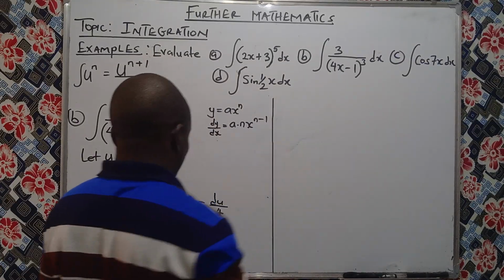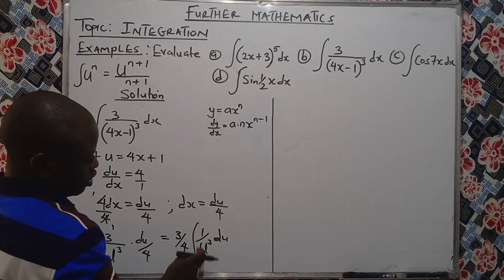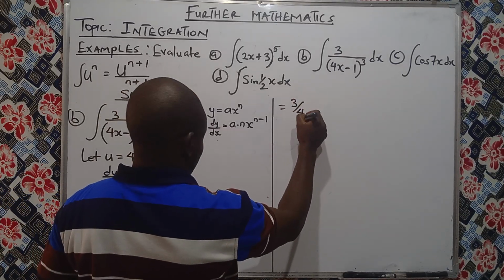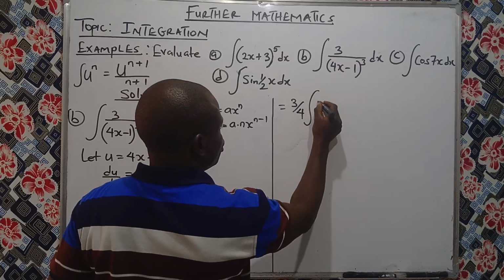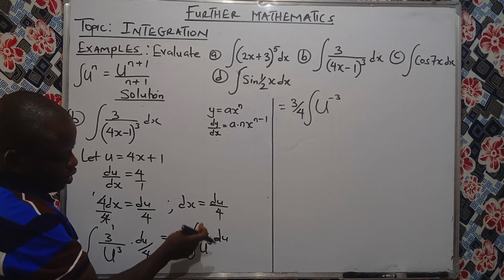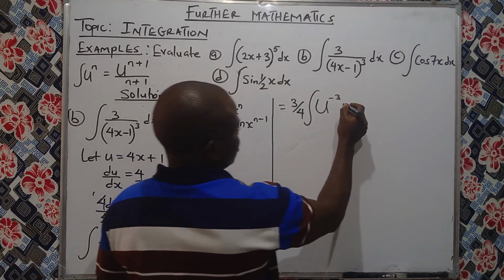After that, let's remove this reciprocal. It will now be equal to 3 over 4 integral of u raised to power minus 3 du. When you remove the reciprocal, you introduce your negative 3.